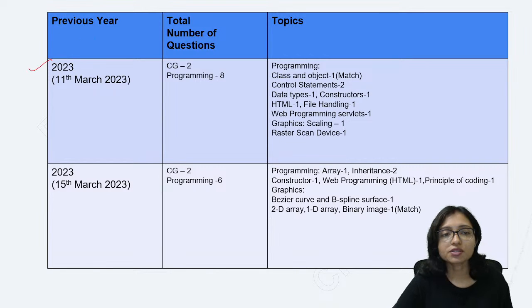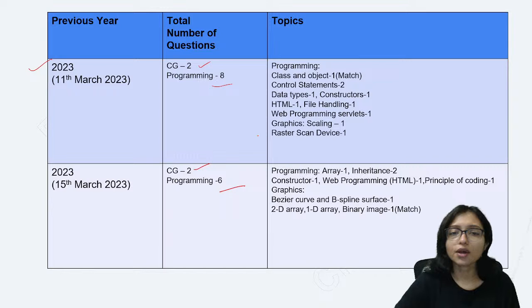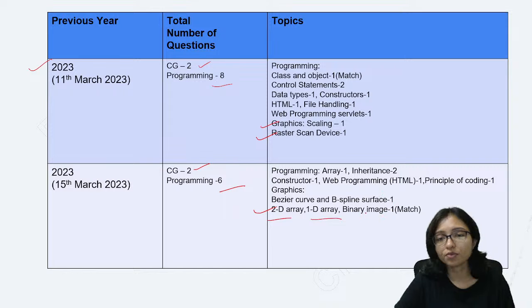So here in 2023 you can see from which areas questions are coming. Programming 2, computer graphics 2 questions, programming 8 questions, computer graphics 2 questions, programming 6 questions. What are the areas? The main areas of computer graphics are scaling, raster scan device, 2D array, 1D array, 2D transformation, 3D transformation, array, binary image, Bezier curve, Blee-Spreen graph.